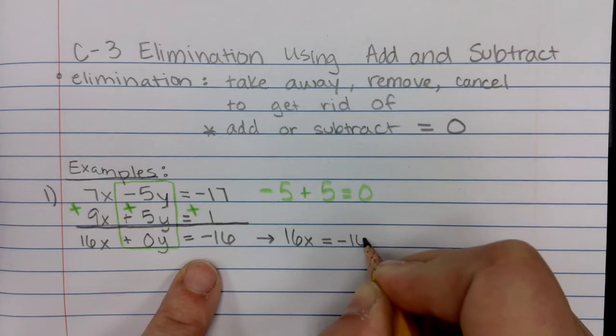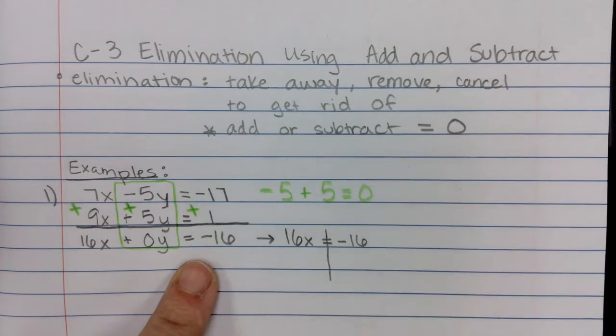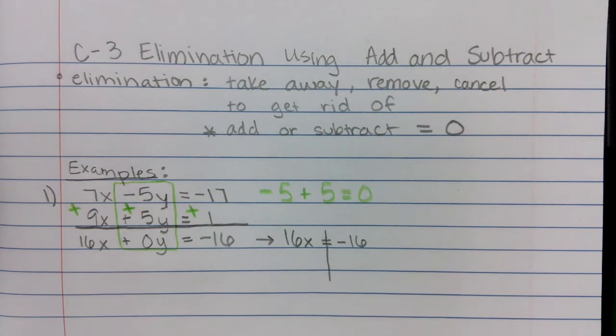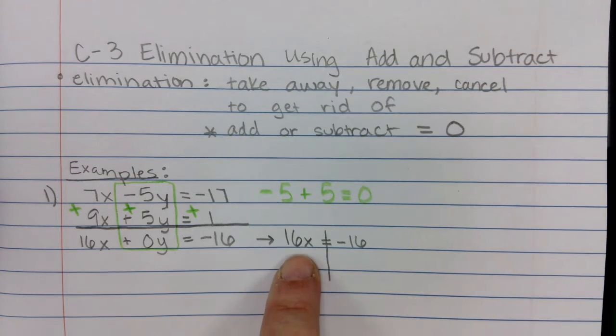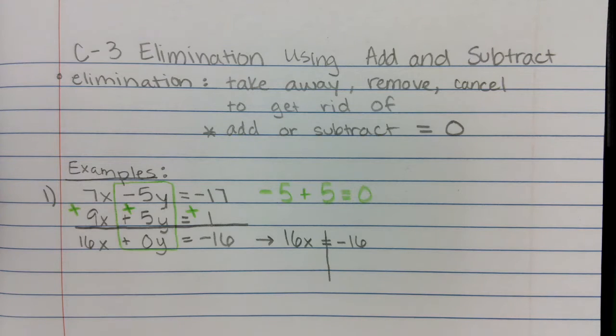Currently, what's happening with that 16 and x when they're together? Multiplication. And what's the inverse of multiply? How do we undo multiplication? Divide. Good. If we do it on one side, do it on the other.